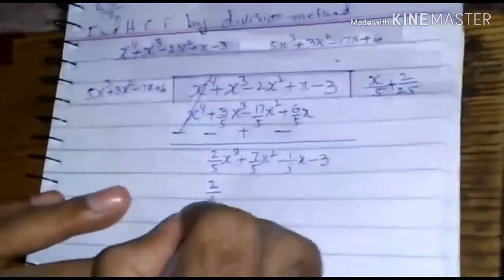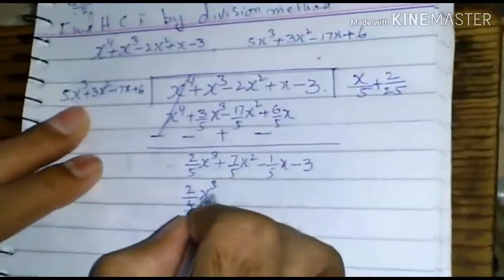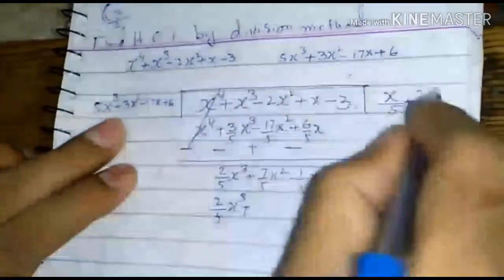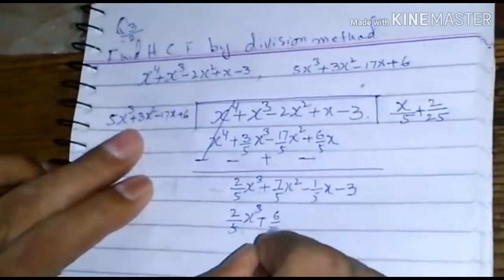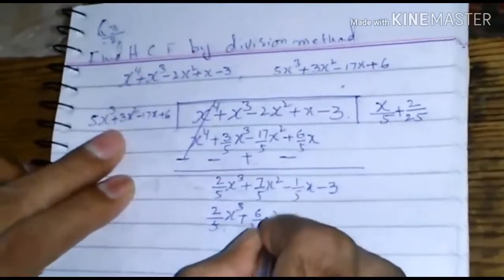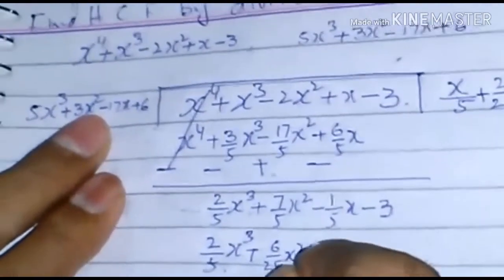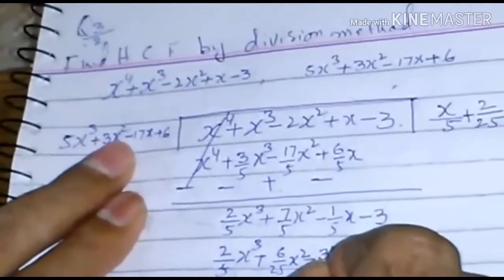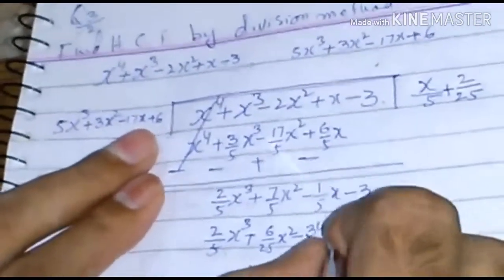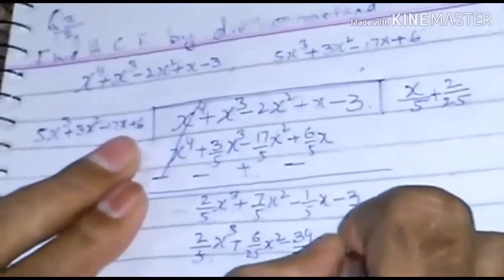We get here 2 over 5 x cube plus 6 over 25 x square minus 34 over 25 x plus 12 over 25.